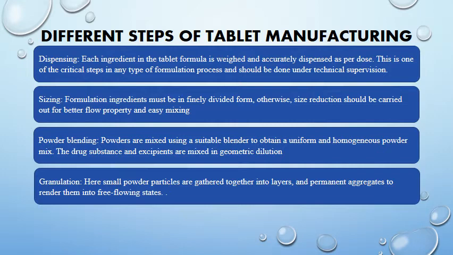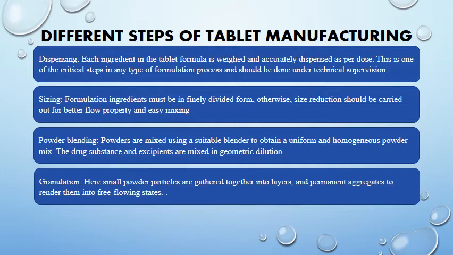This is one of the critical steps in the formulation process and should be done under technical supervision, because if you weigh a wrong quantity of any ingredient, that is excipient or the drug, then the tablet uniformity will not be maintained and there will be many defects or non-uniformity of the drug in the tablet.